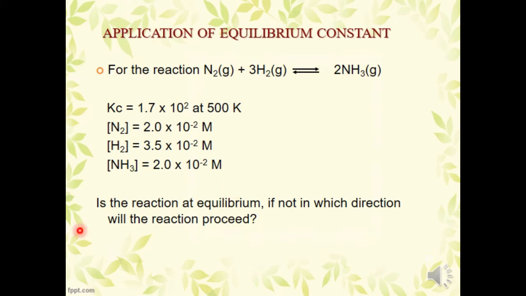If the reaction quotient Q is more than Kc, the reaction has to reverse. If Q is less than K, then the reaction must go forward. We are given the concentrations of the species, so I'll substitute them in the expression to find Q first. Then we compare with Kc.